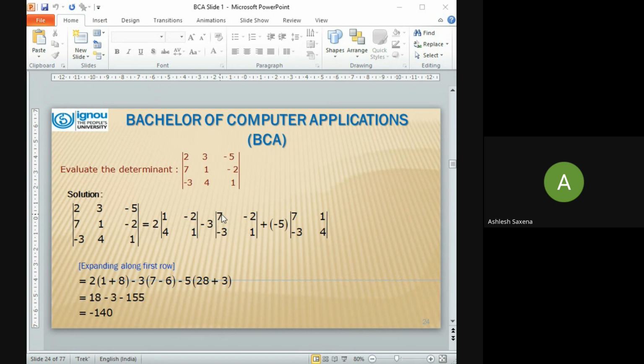Second one: 7 minus 2 into minus 3 is minus 6, 7 minus 6 is. Third one: 7 into 4 is 28, minus 3 into 1 is minus 3, minus 3 into 3, minus is plus. So 28 plus 3.